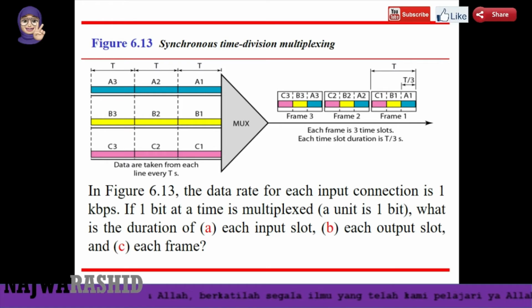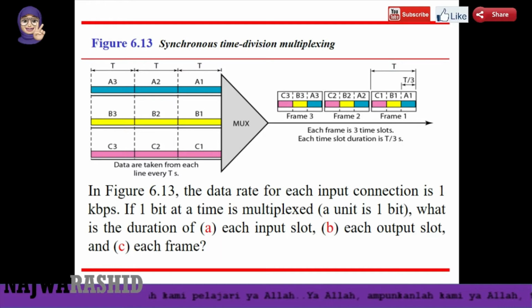Okay, look at this example for synchronous time division multiplexing, or synchronous TDM. Let's say we have three channels: A, B, and C. If we want to transmit those channels using the multiplexing technique, the data rate for each input connection is 1 kilobit per second.